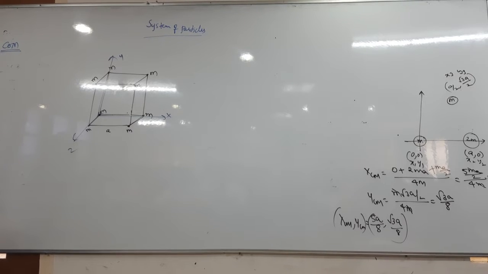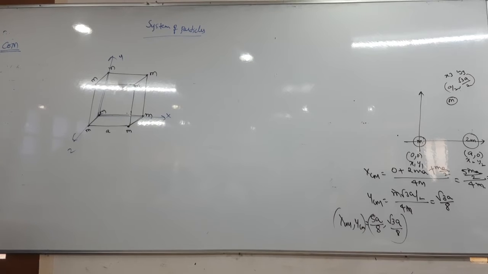So that center point is from the origin at what distance along the x-axis? A by 2. From the origin along the y-axis at what distance again? A by 2 only. From the origin along the z-axis also where it is placed? A by 2 only. That's it. That is the answer. A by 2, A by 2 and then A by 2. That is the final answer.